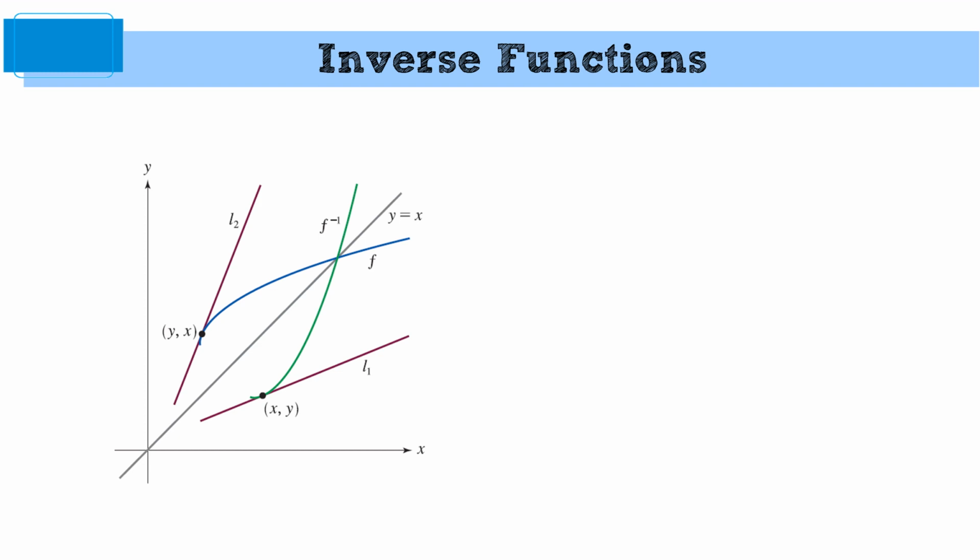What we haven't talked about is the two lines, L1 and L2. If I take the tangent line to any point on the original function, which we're calling L2 in that picture, it has a relationship to the line L1, which is the tangent line to the inverse.